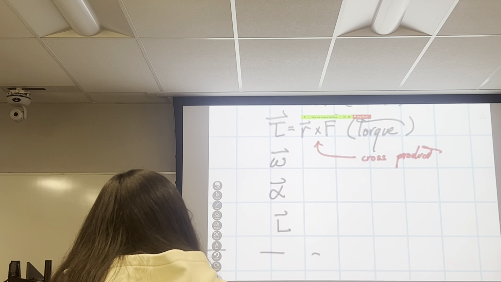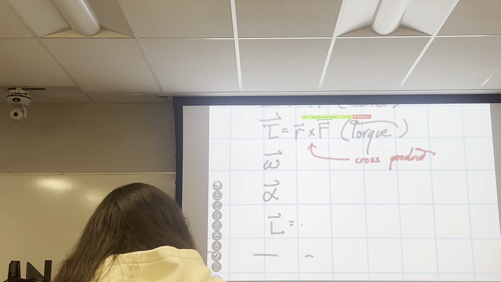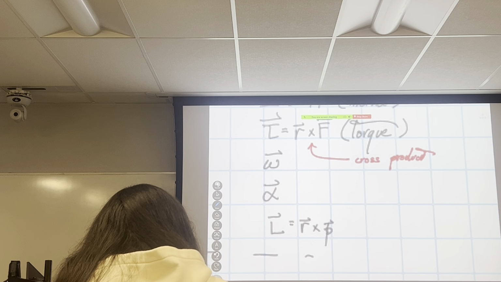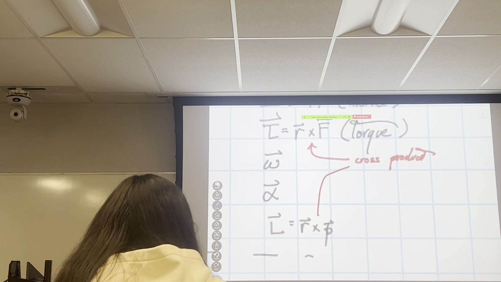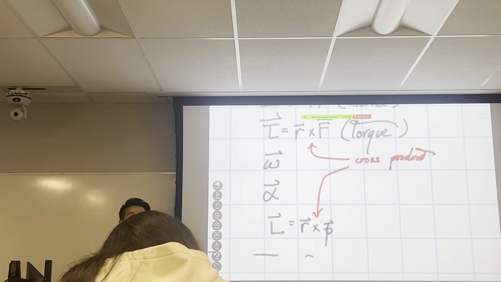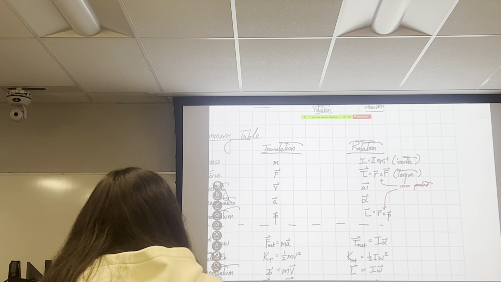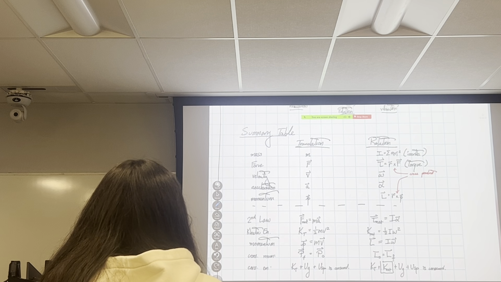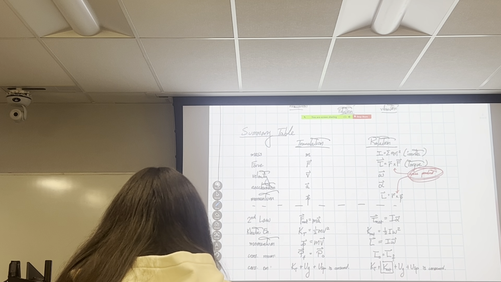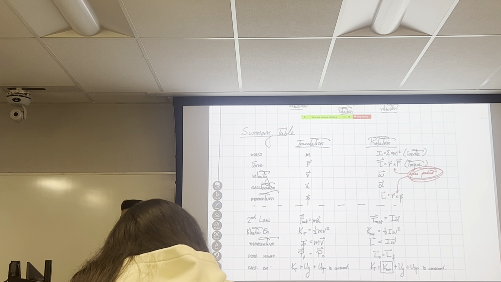Likewise, for angular momentum, this is R cross P. Now, before we can even do rotation, we need to go over what a cross product is, because this is important when you're trying to do torque and momentum calculations.